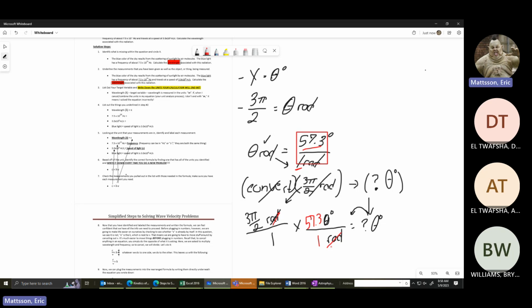We'll punch that into the calculator, which is easiest for me, or we can put it in Excel as well, which we'll do next. So 57.3 times 3 times pi divided by 2.